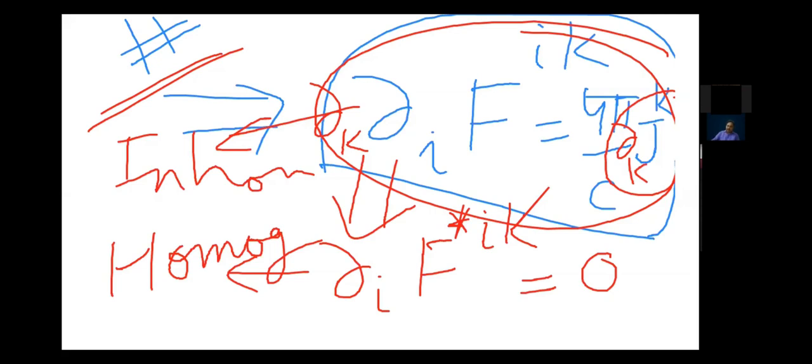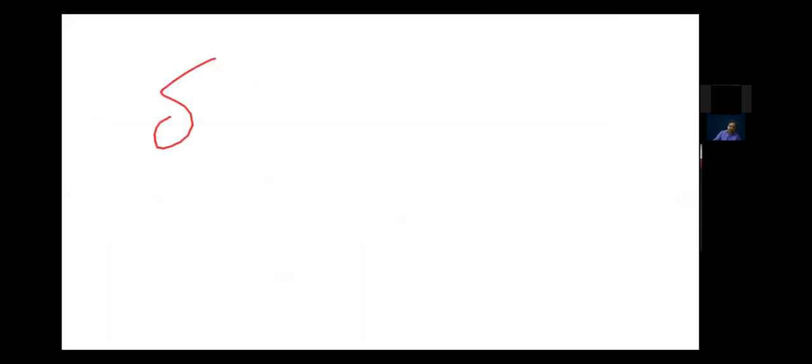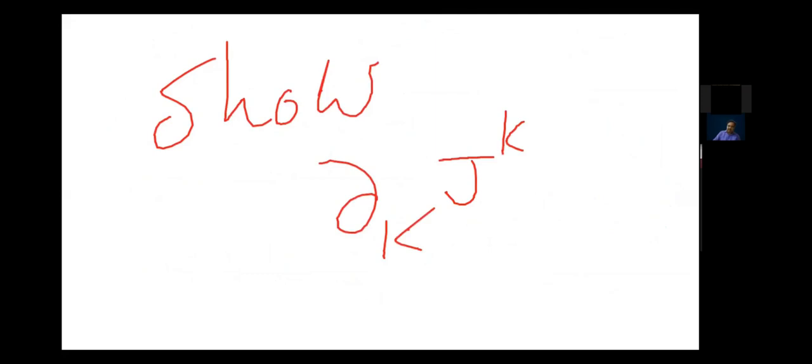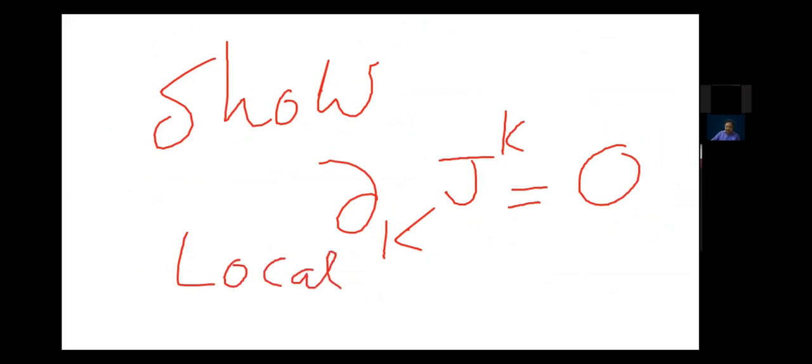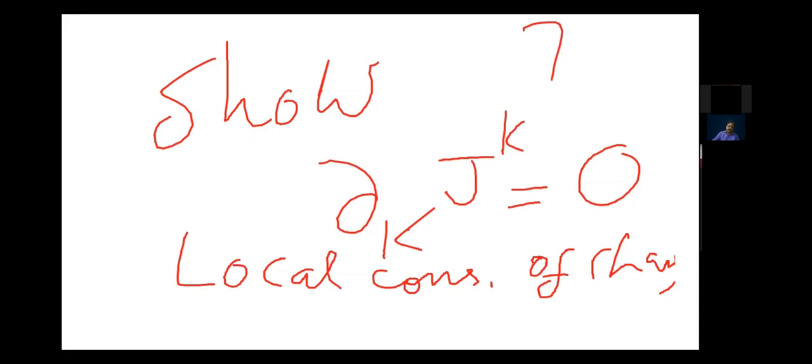So please try to show that del_k j^k is equal to 0. Now this is the local conservation of charge. So when I say charge, of course, the currents are also included in that. Okay. So please show this, and if you have any questions, I can discuss now.